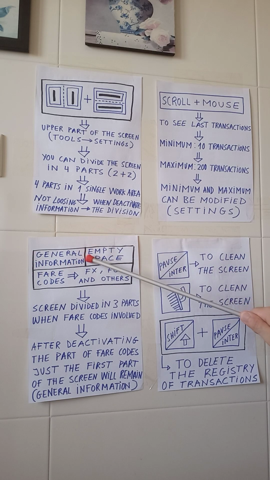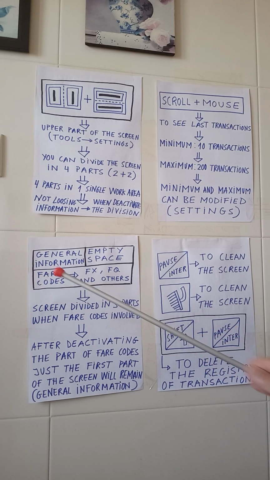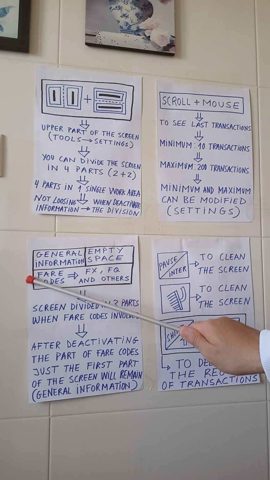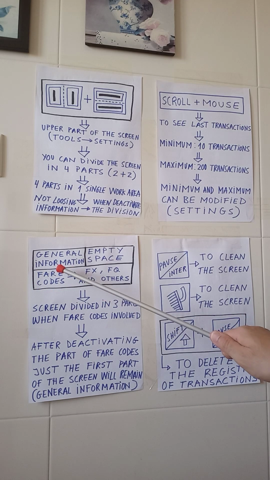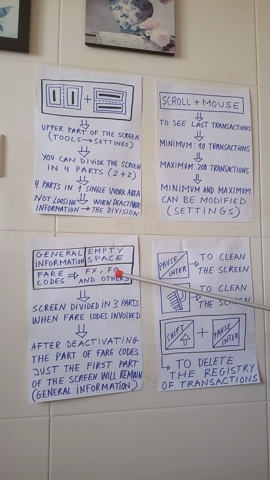In the second part, an empty space will appear. This empty space originally had other information, but suddenly, when you start with fare codes, this space will be empty. And the third part automatically will appear with fare codes like FX, FQ, and others.